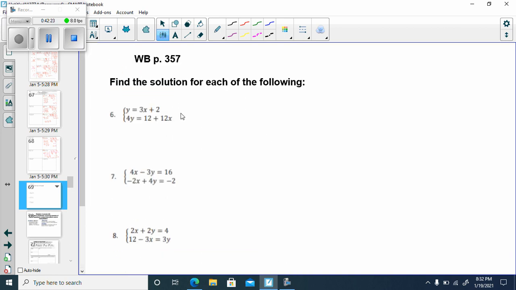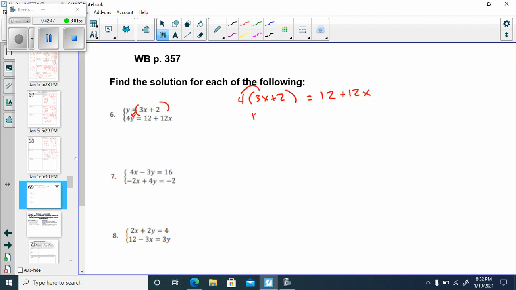In this case, you've got y is equal to, so you could use substitution. You could just simply plug that in. I would plug this in for the y. 4 times 3x plus 2 equals, and let's go back to here, 12 plus 12x.